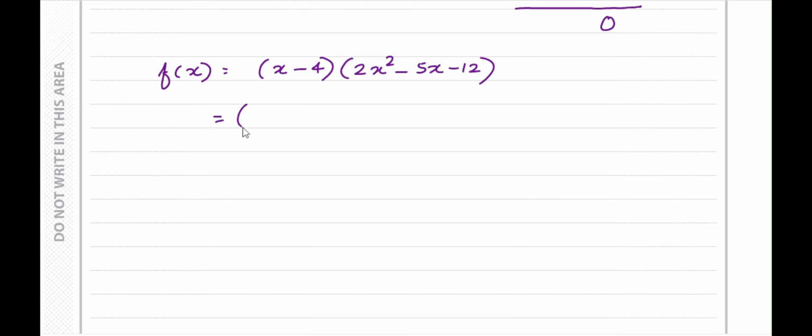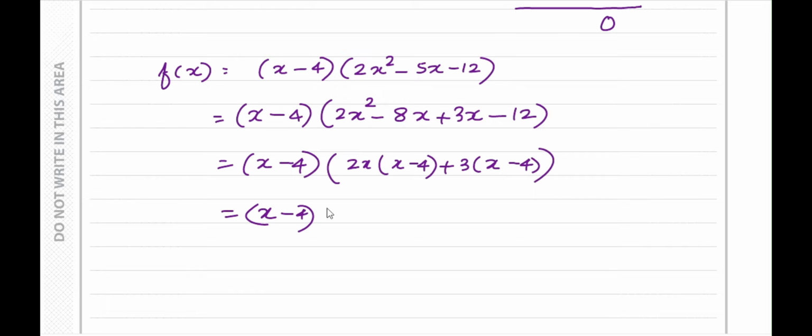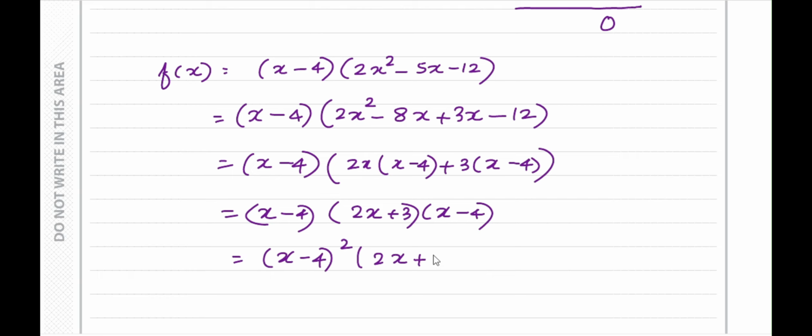And factorizing this, we can write this as 2x squared minus 8x plus 3x minus 12, that is 2x bracket x minus 4 plus 3 bracket x minus 4, giving you x minus 4 times 2x plus 3 times x minus 4, which is actually x minus 4 squared times 2x plus 3.